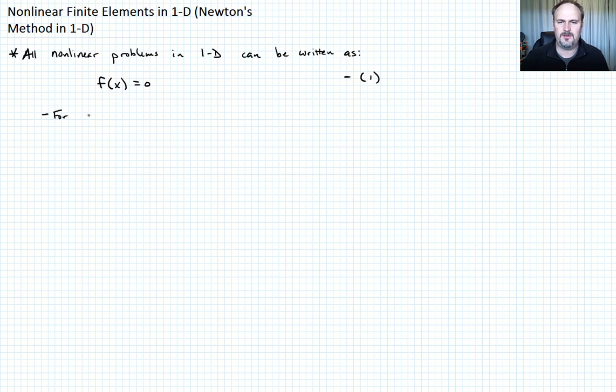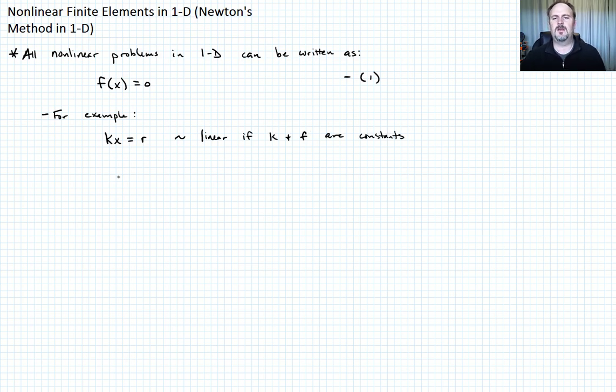Let's consider something that looks a little like the equation that we had in FEA. How about we have kx is equal to r? So this is linear and easy to solve if k and r are constants.